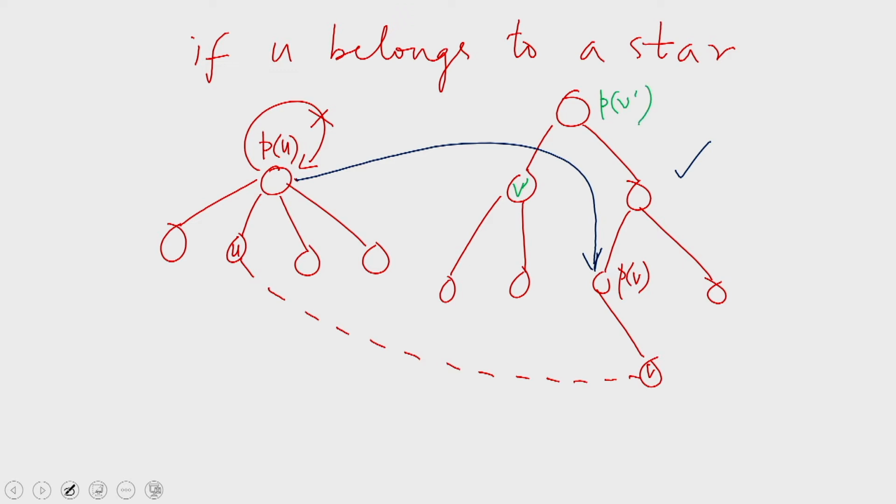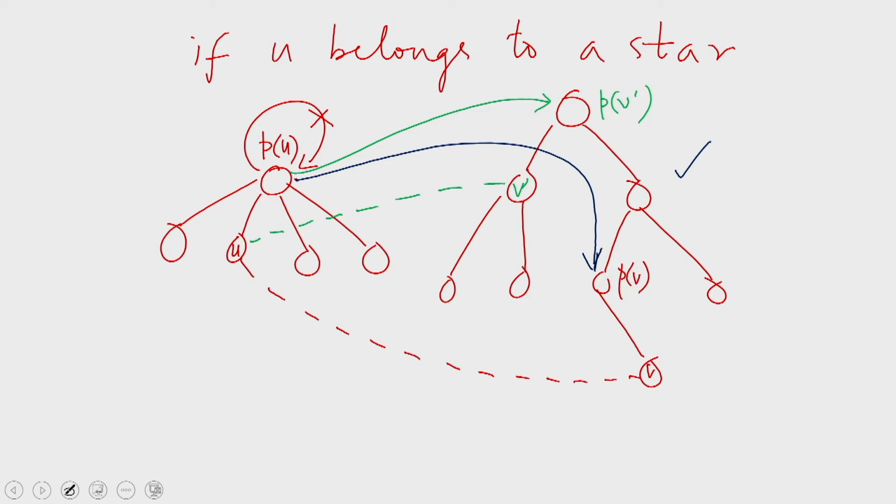V prime attempts to hook P of u to P of v prime. That is because we have an edge u v prime in the graph. So there is one process sitting on u v prime and another process sitting on u v. Both the processes recognize that P of u is less than P of v and P of v prime, therefore both the hookings are valid.